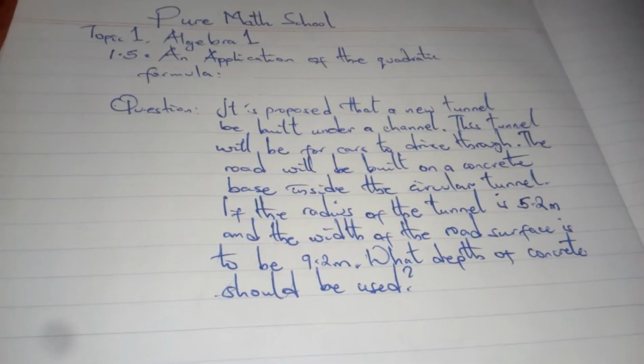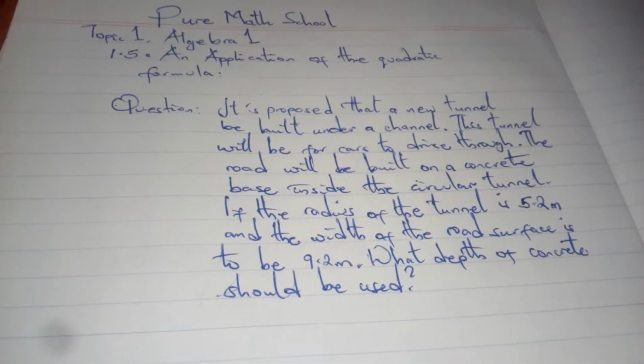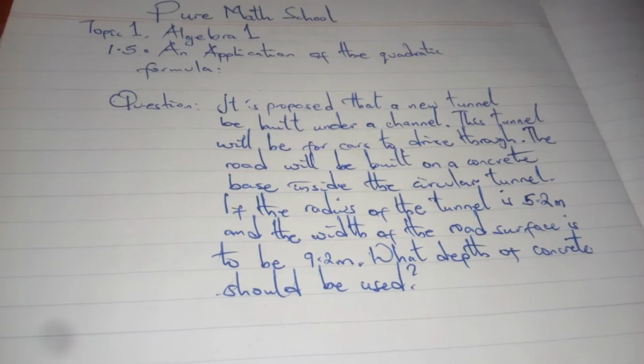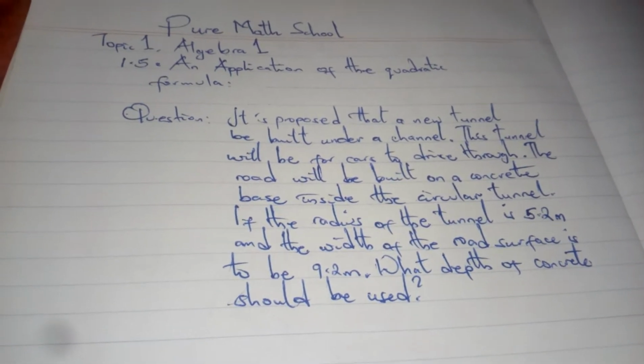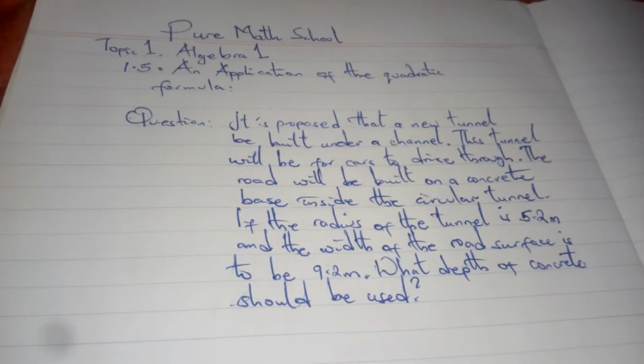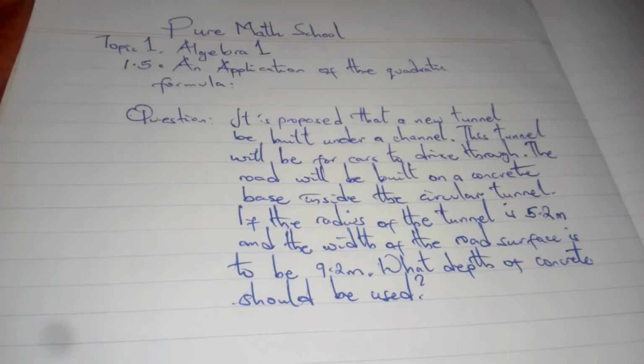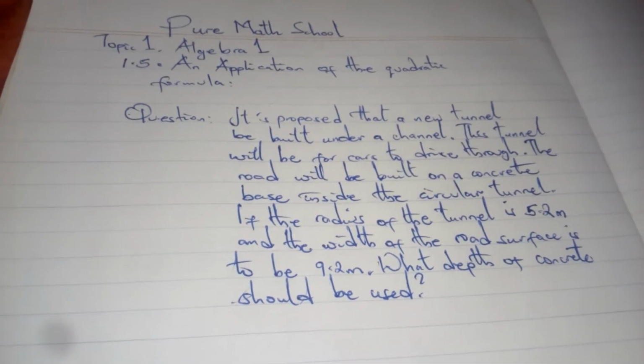So previously, in the previous video, we looked at how to solve quadratic equations using the quadratic formula. In that video I promised you that I'd try to look for at least one way to apply that in real life. Today this is a question that I have.